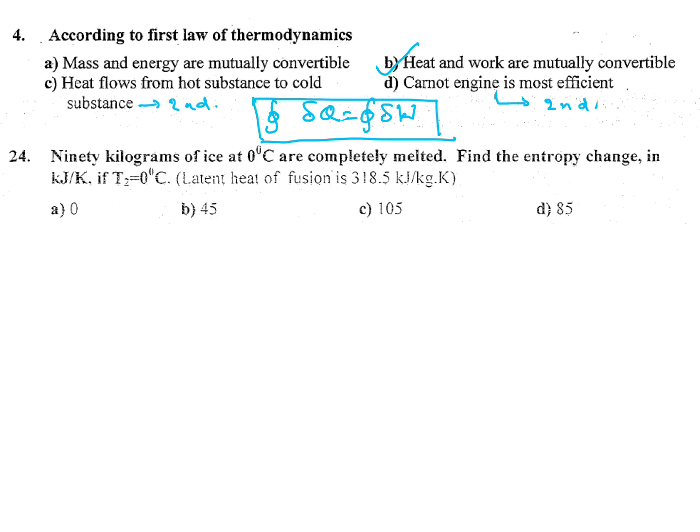So the data given are: mass equal to 90 kg. T1 and T2 both are the same, 0 degrees Celsius.